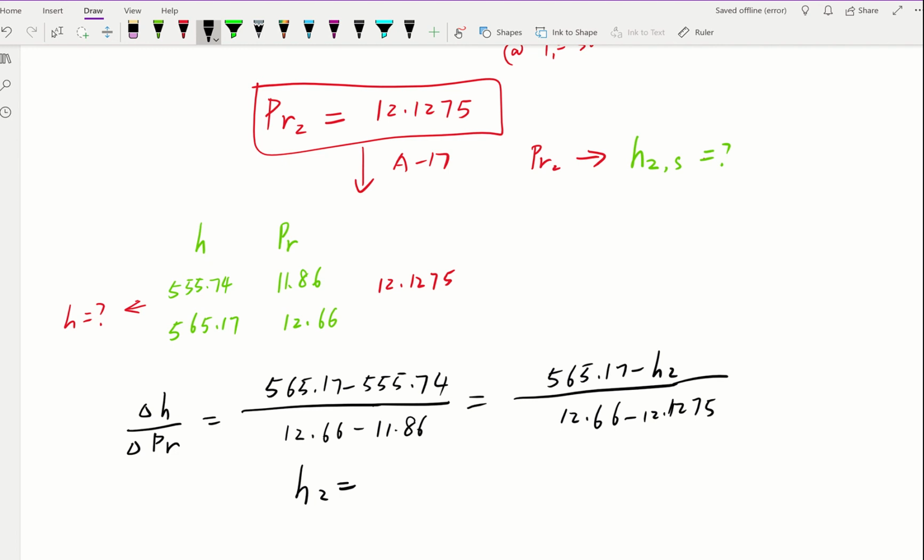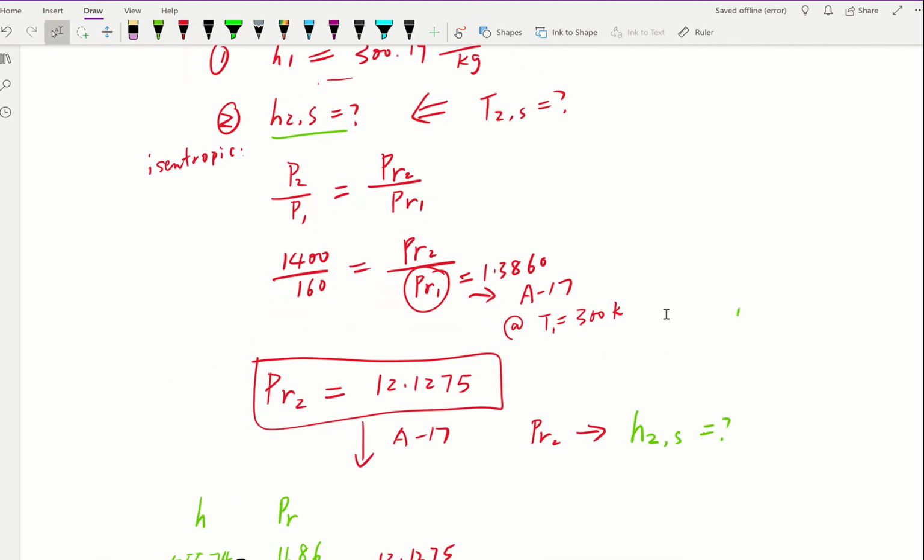And then I'm going to add a negative sign in front of that. Then plus 565.17. And this is what I have, 558.893. Okay. So now let's look at this number. Does it make sense? Yeah, I think it pretty much makes sense. It's in between those two values. All right. So that's going to be giving our H2 in kilojoule per kilogram.